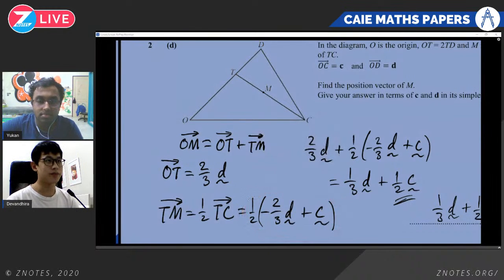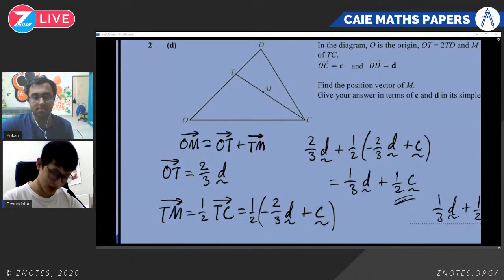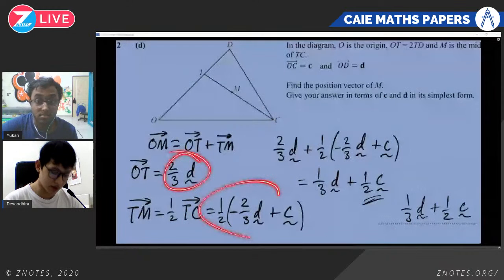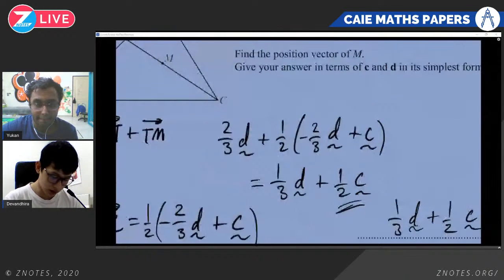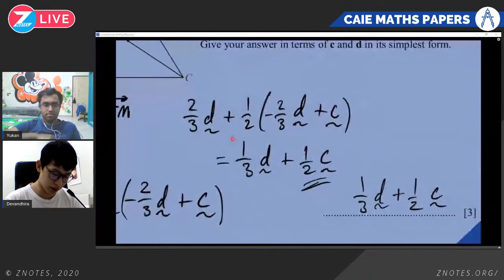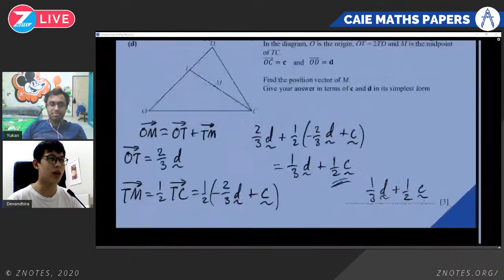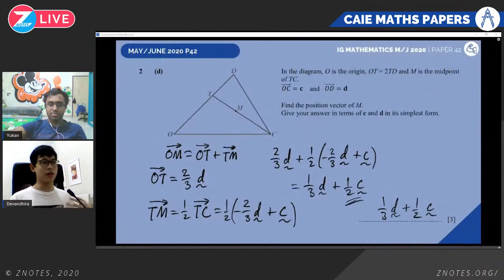Agree, Yugan? All right. So now that we know what OT is and what TM is, just add them together and simplify. Here, we can expand the half and simplify it, and you should be getting 1/3 D plus 1/2 C as your answer. Is that correct, Yugan? Yep, that's correct.